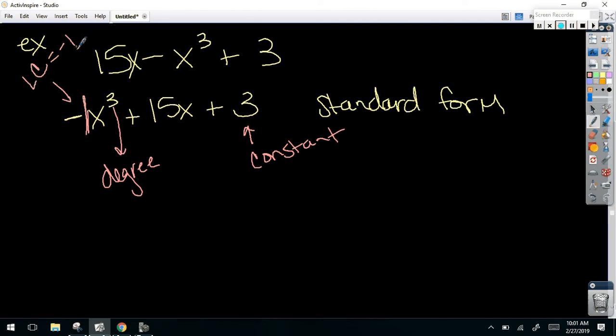All right. So I've got 2 terms to define for you. A lot of times we define a polynomial by how many terms it has, okay?